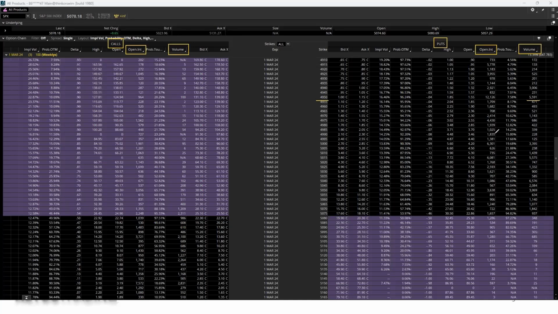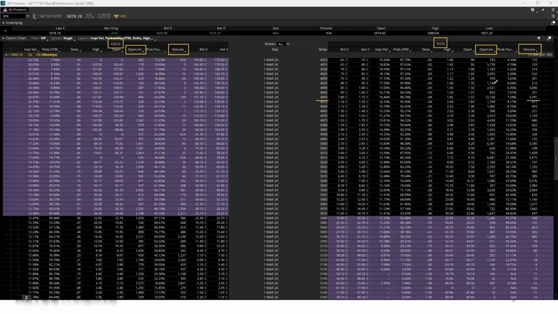It's calculated by taking the total number of contracts that were traded in that period. So if trader A buys 100 49.50 strike puts, and then trader B buys 200 of them, that's going to add 300 contracts of volume. It doesn't matter if the contracts are bought or sold.